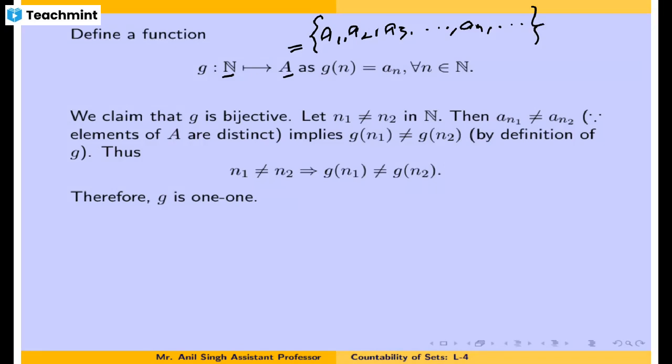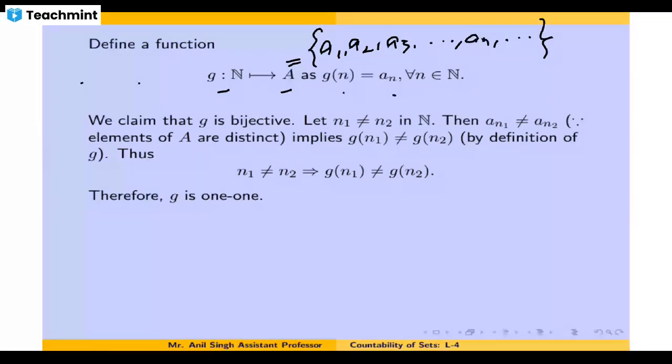The function is given the notation g. Now look at two distinct elements n1 and n2. These are the images of n1 and n2 under g, and they are distinct. So this proves that g is a one-one function.